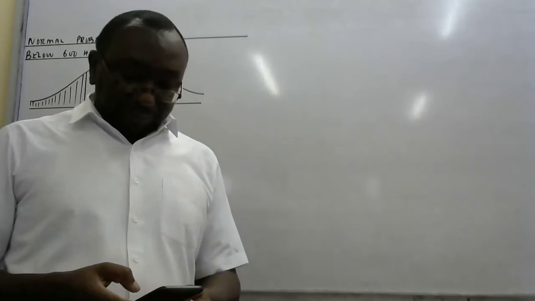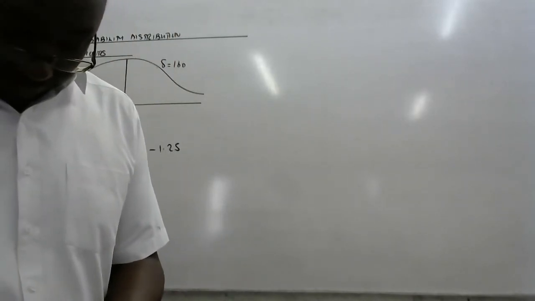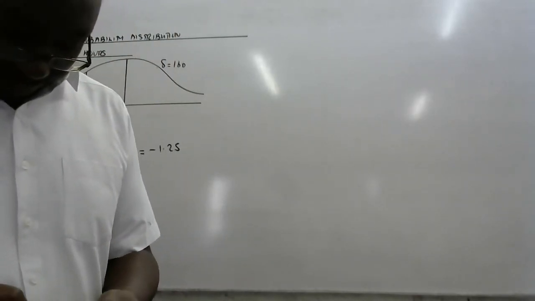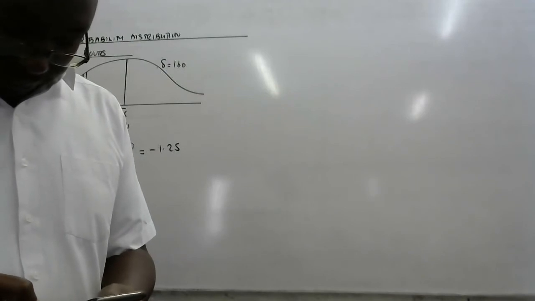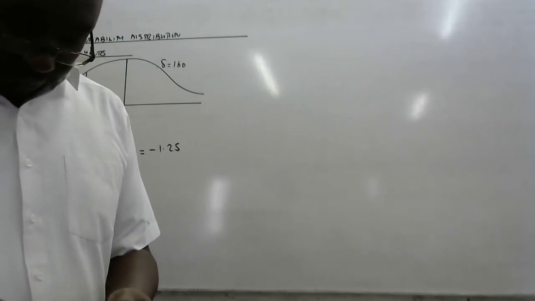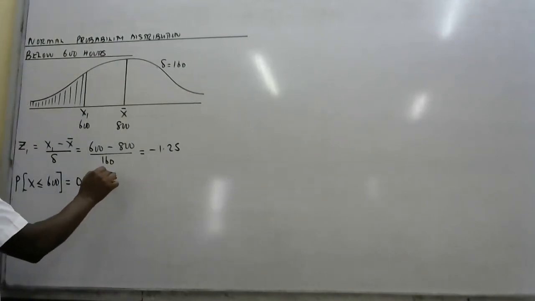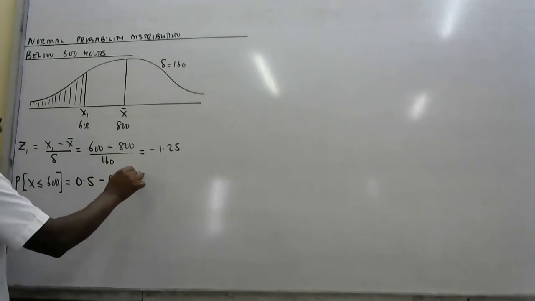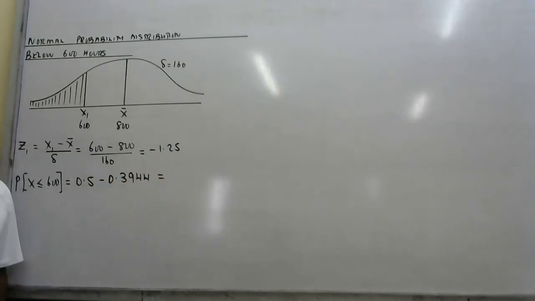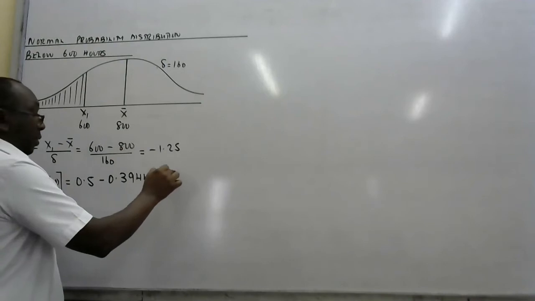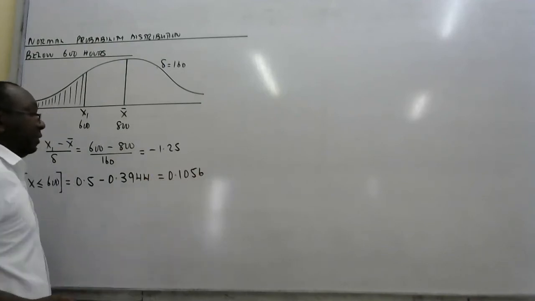What have you got? 0.3944. So when you get the answer, the difference, you read like it is positive. 0.1056.